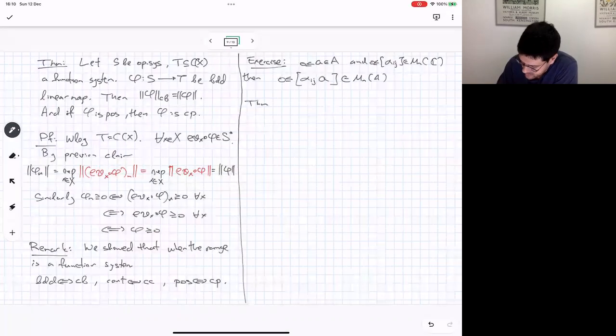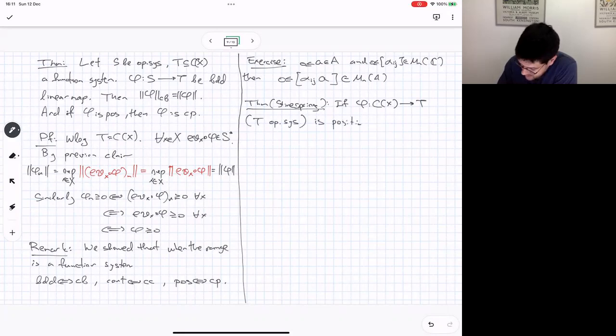So theorem, this is originally due to Stinespring, which we'll meet also next time, I think. If phi goes from C of x to T, an operator system, is positive, then it is CP. It is completely positive. Now you should tell me, wait a second, why do you assume that the domain is all of C of x?